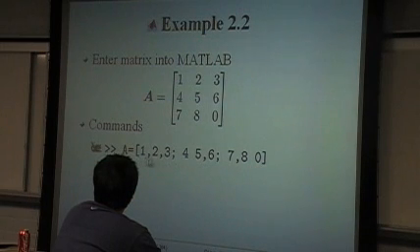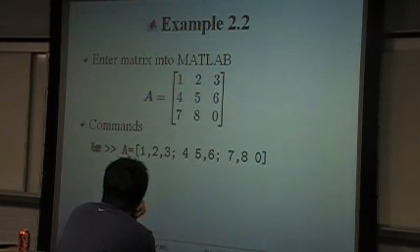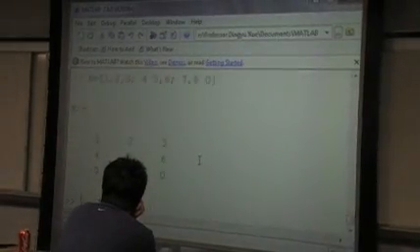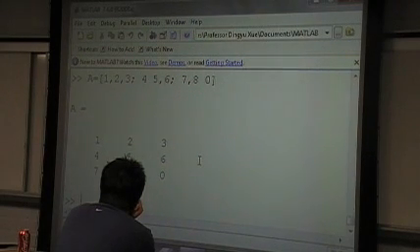Here I use the commas and the spaces. They are exactly the same. You use whatever you like. So in this way, you can enter a matrix into Matlab. Once you have a matrix, you can analyze it.